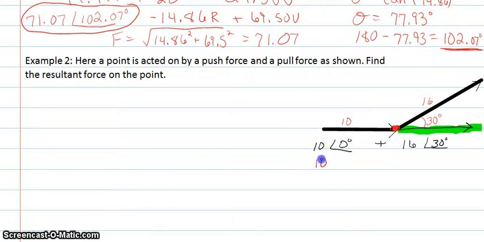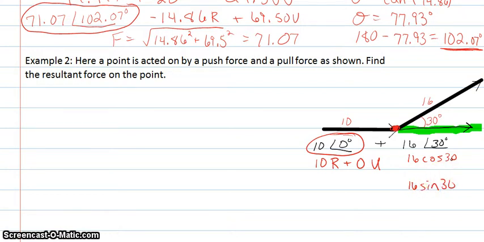It just ends up as 10r plus 0u for the first one. But for the 16 at 30 degrees, we have to find the r and u. So we'd have 16 cosine of 30, and then 16 sine of 30.